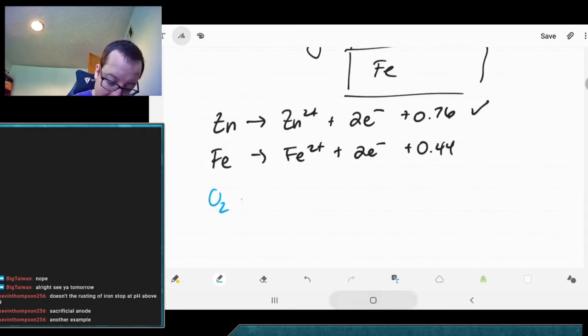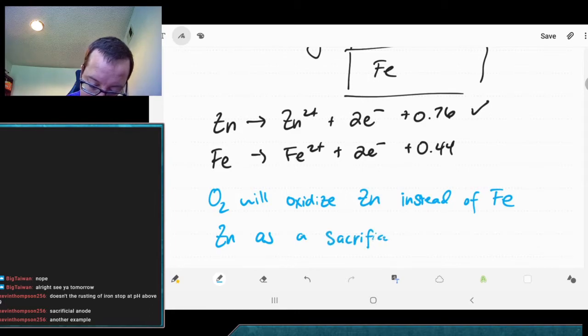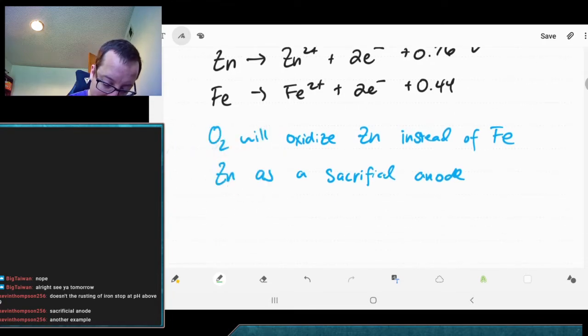So O2 will oxidize the zinc instead of the iron, and so you'll be able to protect it. Since this is going to be an oxidation process, you will use zinc as what's called a sacrificial anode, which gives what's called cathodic protection.